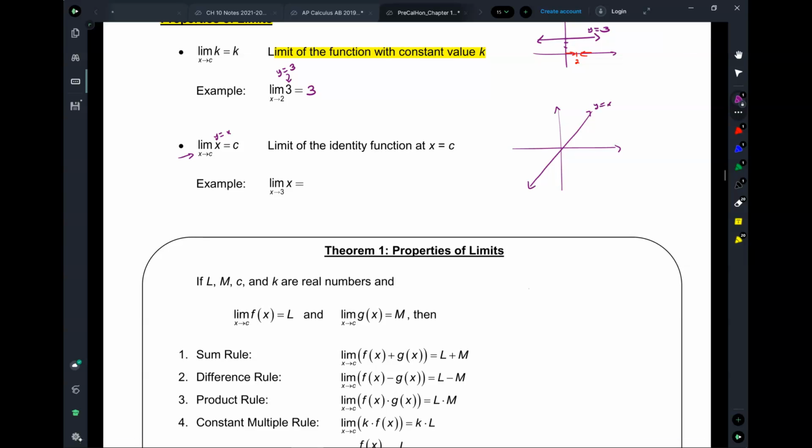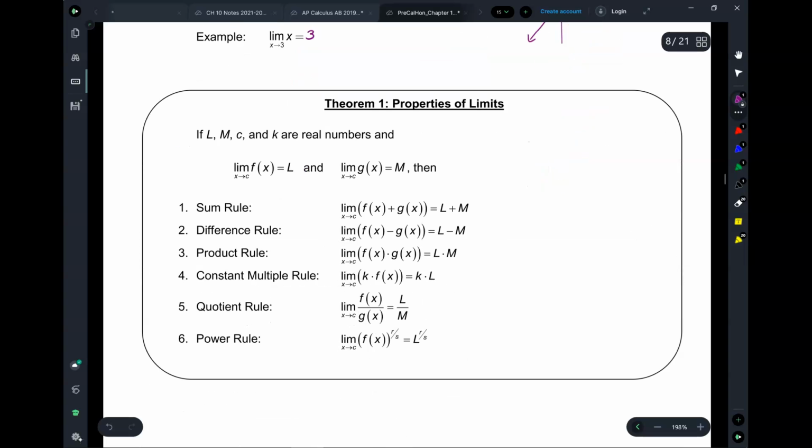As you're approaching any value, like 3, what's the y value going to approach? Also 3, because whatever the x value is, the y value is the same. Because it's an identity function, x equals y. So here, the limit as x approaches 3 of x is just 3. So those are the basic ones. Any other polynomial function is basically a combination of those.